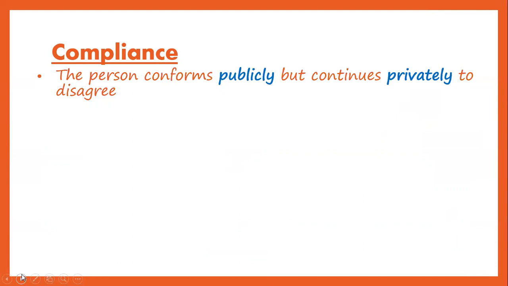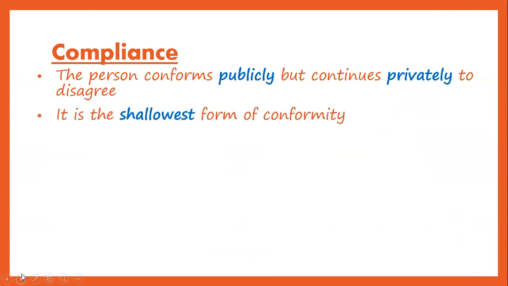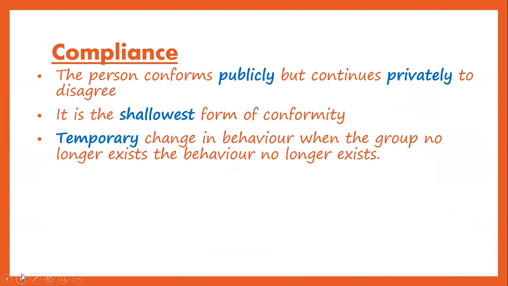So I'm explaining why here. But they don't change the way they think. This is the shallowest form of conformity. We're just changing our outward behavior. We're just going along with the group. It is a very temporary change because it's only when we're with that group that our behavior will change.